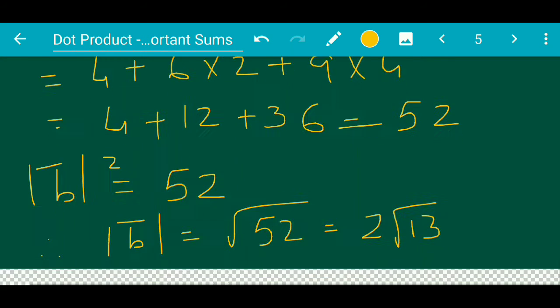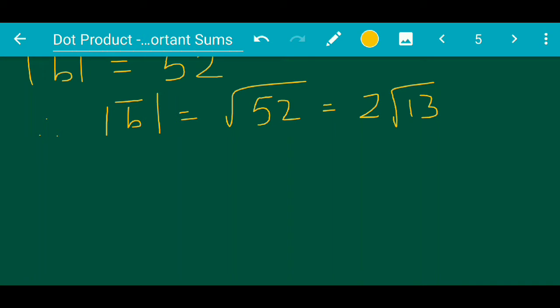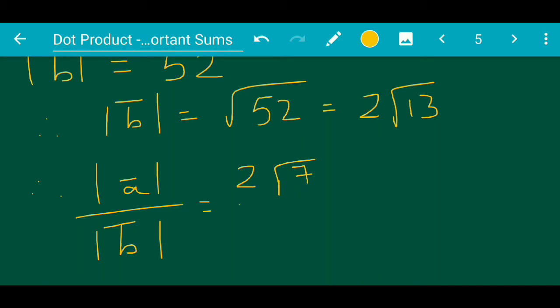That means we have to find the ratio of the sides. So the ratio of the length of the sides is mod a upon mod b. This is the required ratio, which is 2 root 7 upon 2 root 13. And as they told us, we are getting root 7 upon root 13. Thus we prove it.